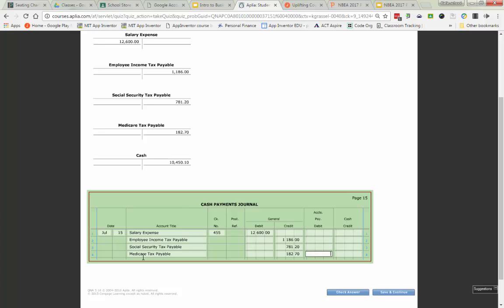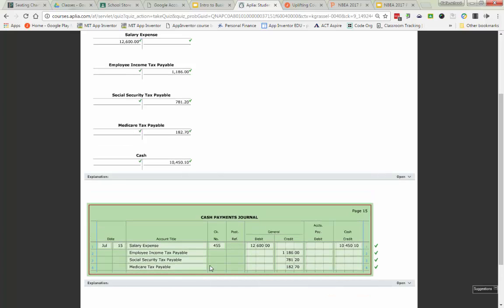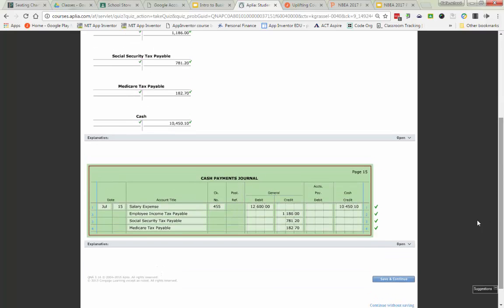I have 3 credits in my general, and then my cash amount is going to go right there under cash credit. Then if I check that, woo, I got it perfect. Go ahead and try the On Your Own, please.